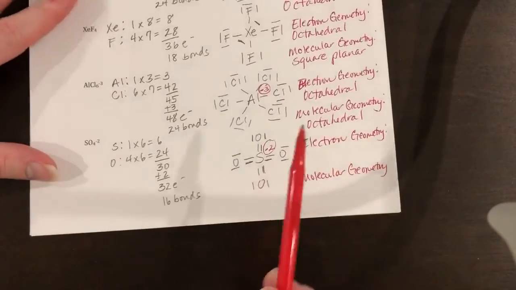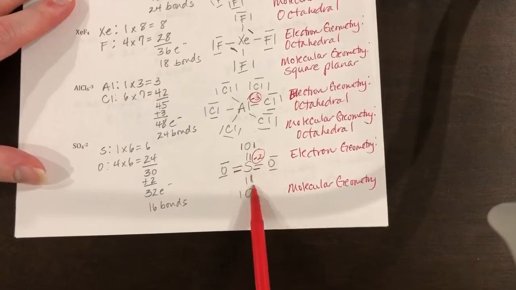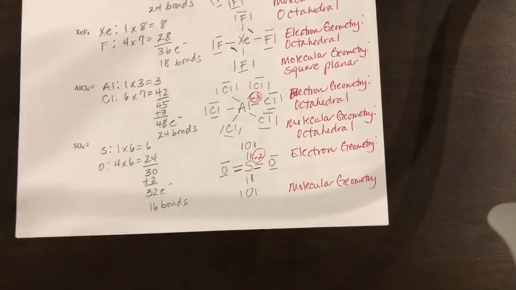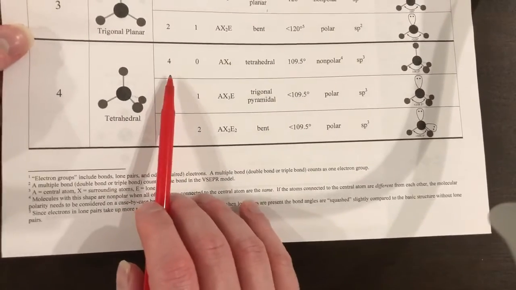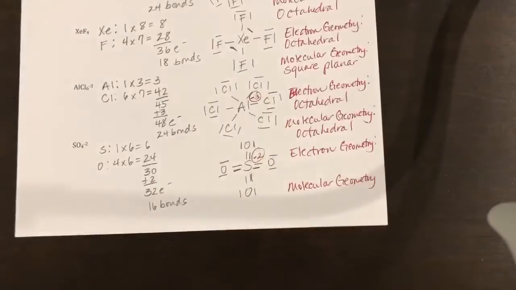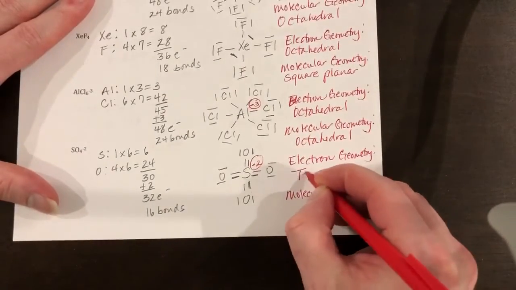So we have 4 bonding domains. 1, 2, 3, 4, because a double bond counts as 1 bonding domain. So it's going to be tetrahedral, and 4 and 0 is going to be tetrahedral also. So tetrahedral, tetrahedral.